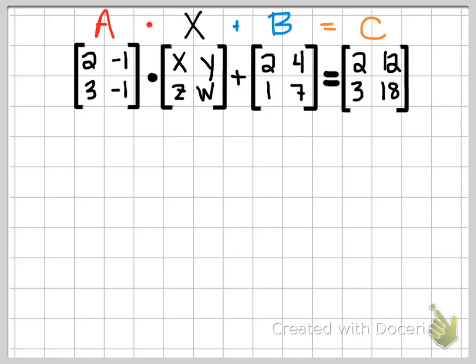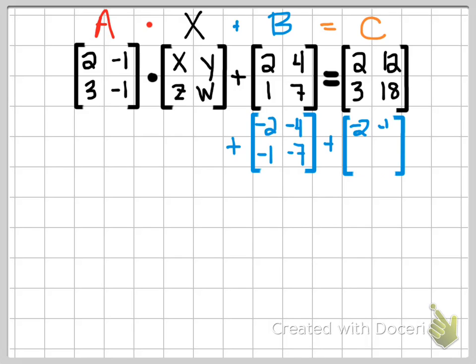So our first step is to actually add the additive inverse, which is going to create a 0 matrix, or the additive identity matrix. So I can see that if I take a 2 by 2 matrix filled with the elements 2, 4, 1, and 7, I can add the additive inverse, -2, -4, -1, and -7.